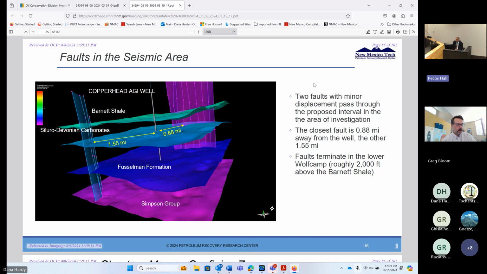So I don't know how you can do it in such a way that 45% of the space available to contain the CO2 will have no impact. You're not going to displace the brine to that particular fault.